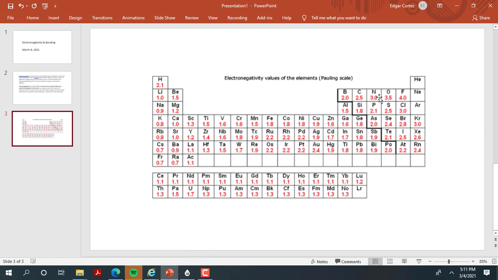If we go back to our table, the Pauling scale, we know that carbon is 2.5, and oxygen has how many? 3.5. So carbon is 2.5 versus 3.5.